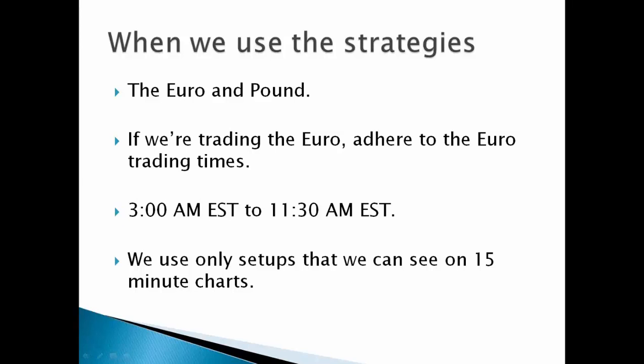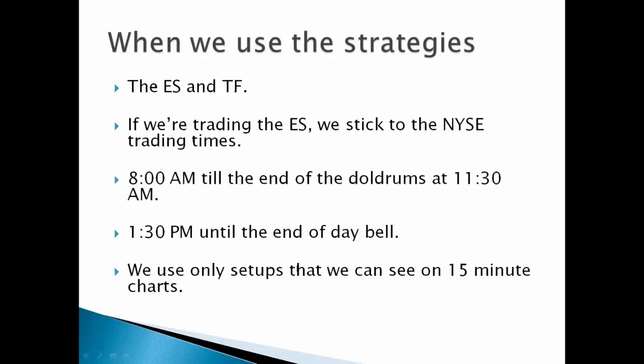The larger the setup, the more powerful and technical it will be. The smaller the setup, the less programs see it, or the less people or programs trade it, and the less reliable it will be. On the ES and the Russell, for trading the ES session, we stick to the NYSE trading times from 8 a.m. Eastern Standard Time till the end of the doldrums at 11:30 a.m. Eastern.